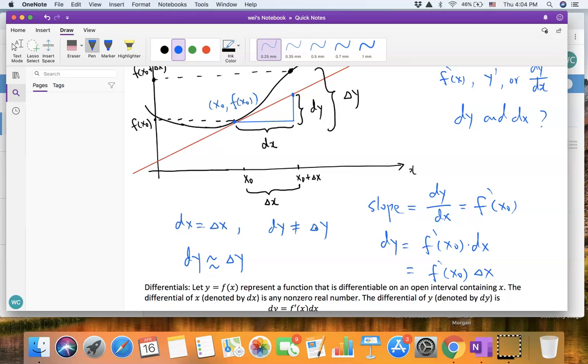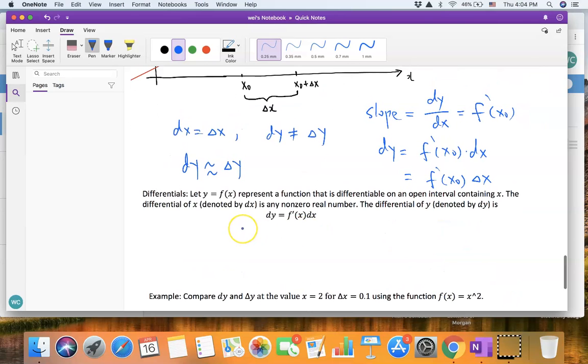Okay. Now here is the formal definition of differentials. Let y equal f(x) represent a function that is differentiable on an open interval containing x. The differential of x, we use dx to represent, is any non-zero real number. And the differential of y, we denote as dy, is given by this.